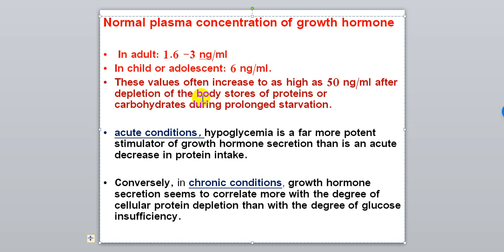These values often increase to as high as 50 nanogram per mole after depletion of body stores of protein or carbohydrate during prolonged starvation.